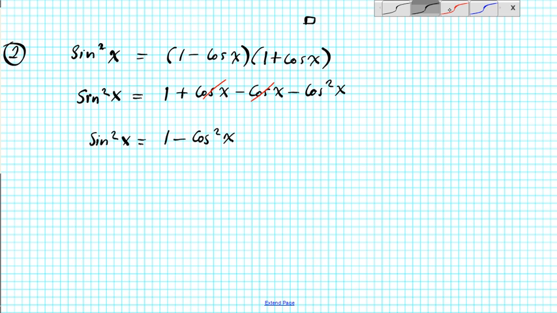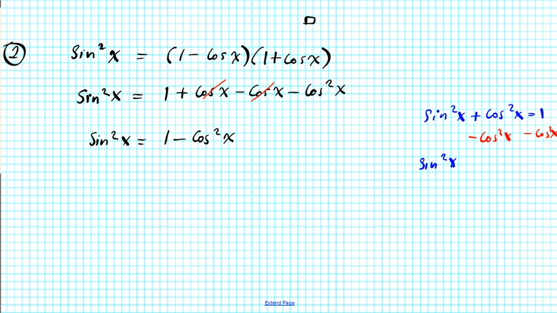Well, let's write down our Pythagorean identity for sine and cosine again. So sine square x plus cosine square x equals 1. Now, what happens if I subtract cosine square x from both sides? That leaves me with the equation sine square x equals 1 minus cosine square x.